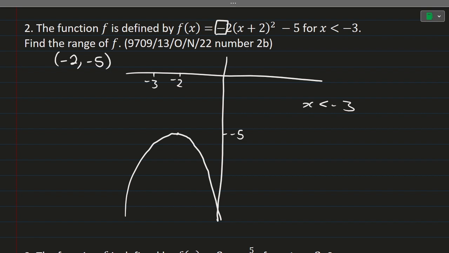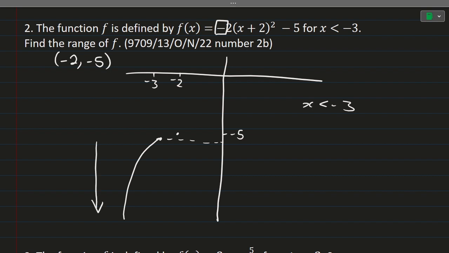So that means we want to cut our graph at this point and we want the left hand side. So let's redraw our graph, and this is the portion that we want. From there, if we can find the y value when x is negative 3, then we can find the range. We can tell that our function is going downwards.